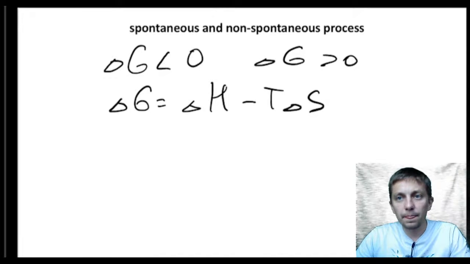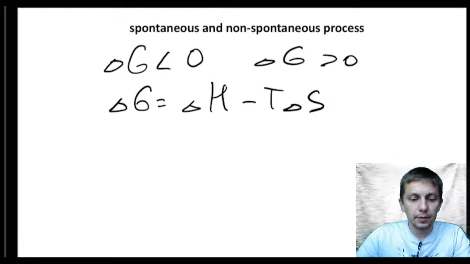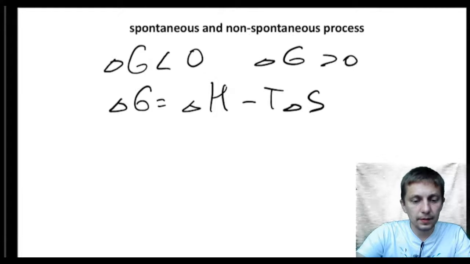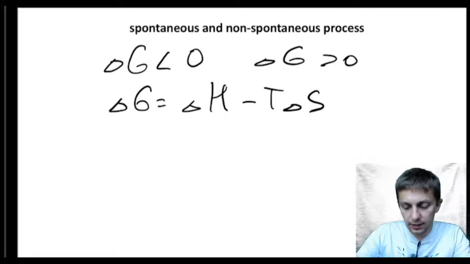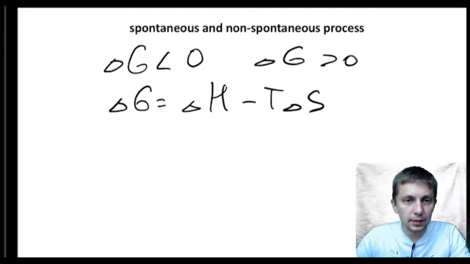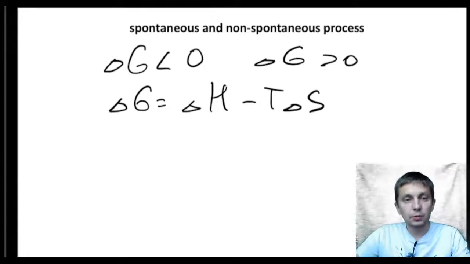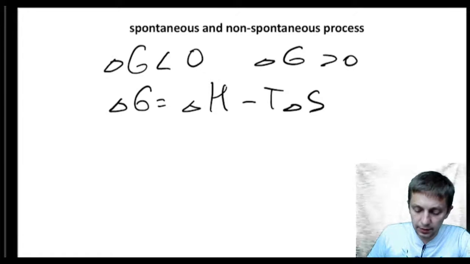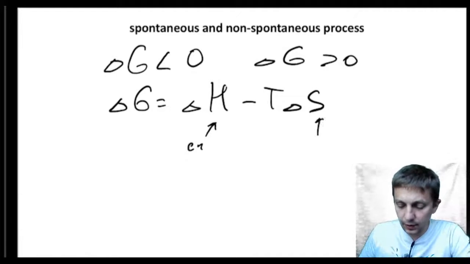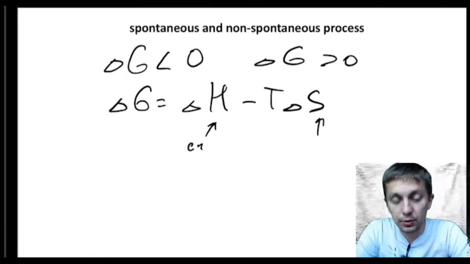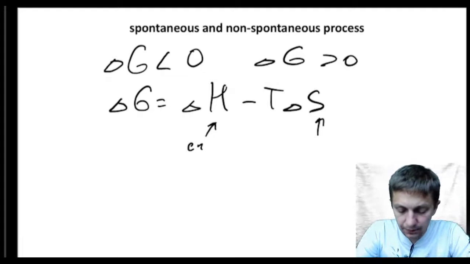So Gibbs energy is related to enthalpy. Enthalpy shows us how much energy we get, and entropy shows us how much disorder we have.